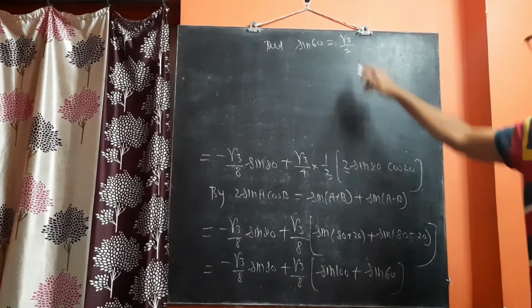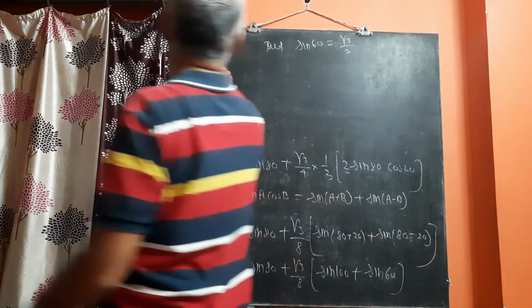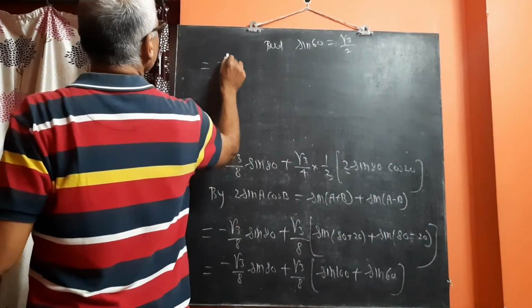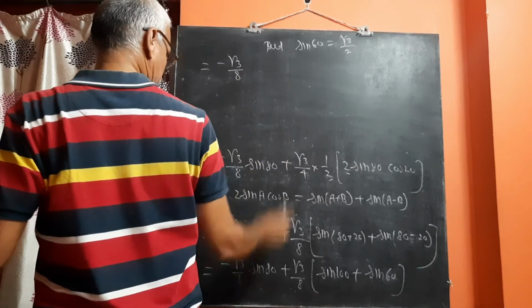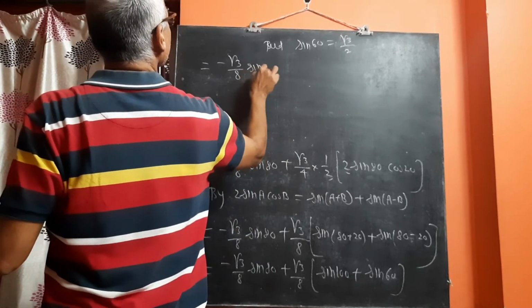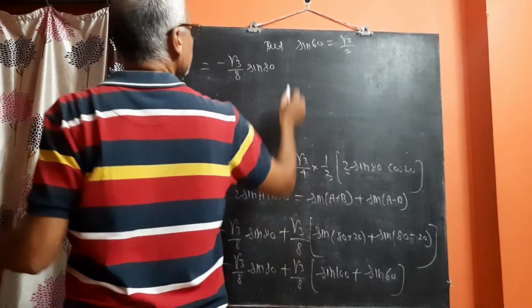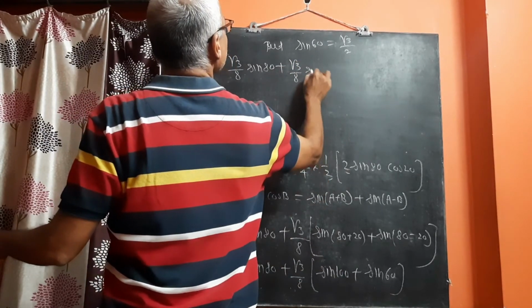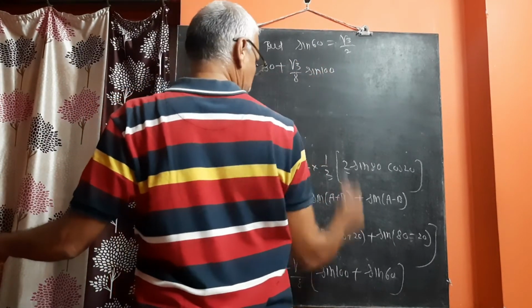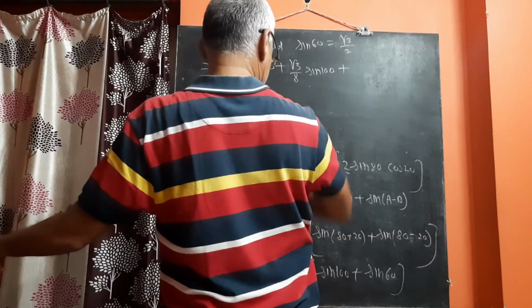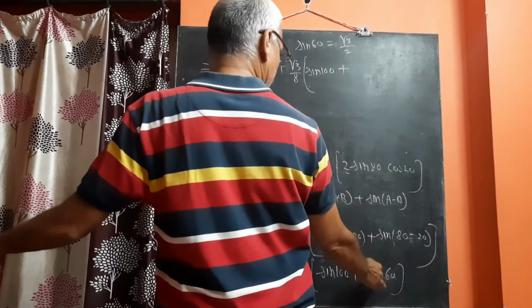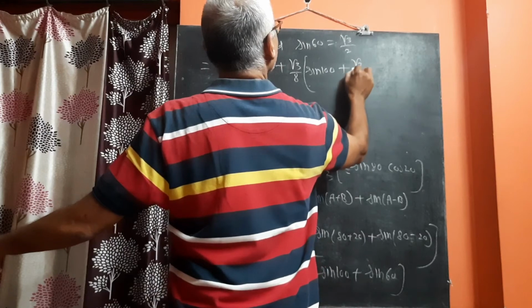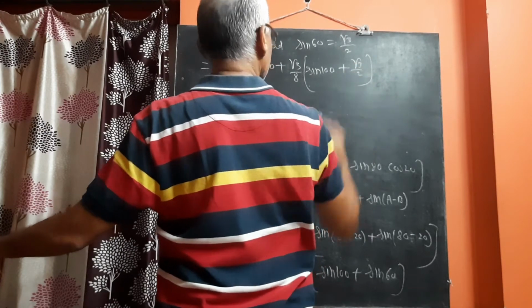Substituting this value of sin 60 here, it is equal to minus root 3 by 8 sin 80 plus root 3 by 8, sin 100 plus root 3 by 2.